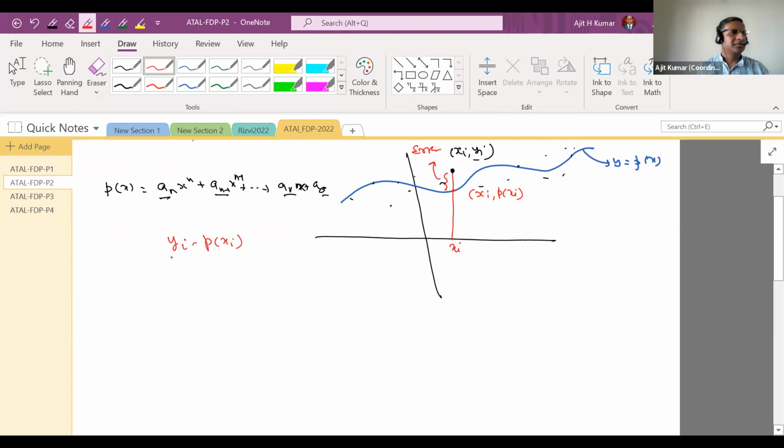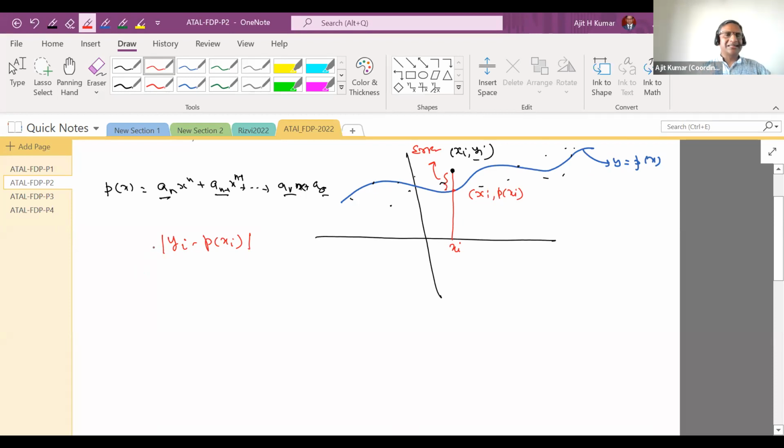Can somebody suggest something? Absolute value. We write the absolute value because we are talking about error. This point could have been above this curve or below this curve. So this is the error that you have committed, how far you are from this model. That's your model. So this we have to minimize for all the points.